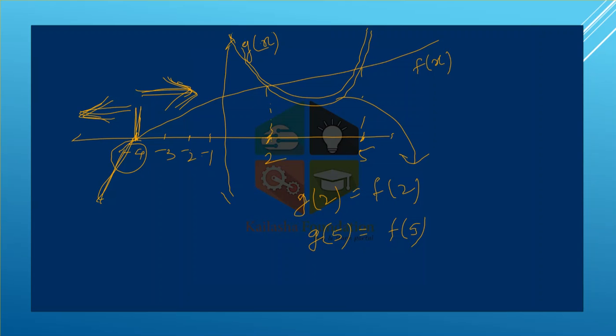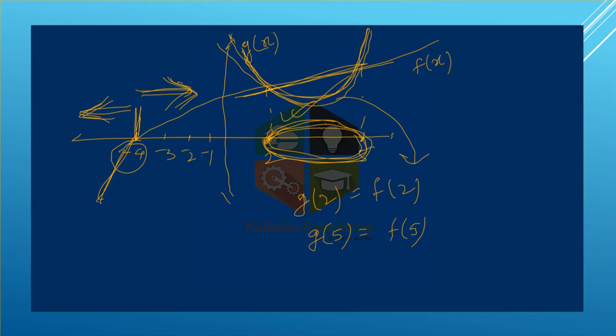We can also say for all values of x from 2 to 5, g(x) is less than f(x). For all values of x between 2 and 5, this g(x) is below f(x), so it is less than f(x).